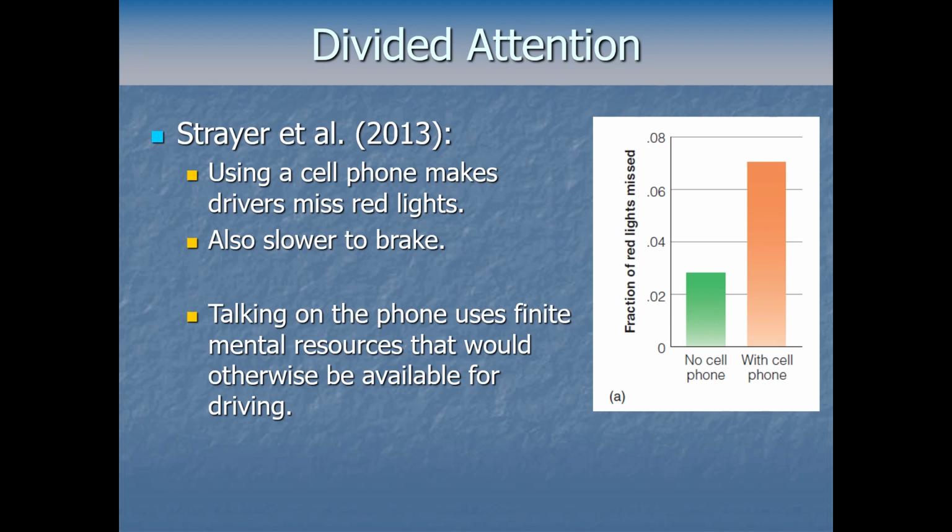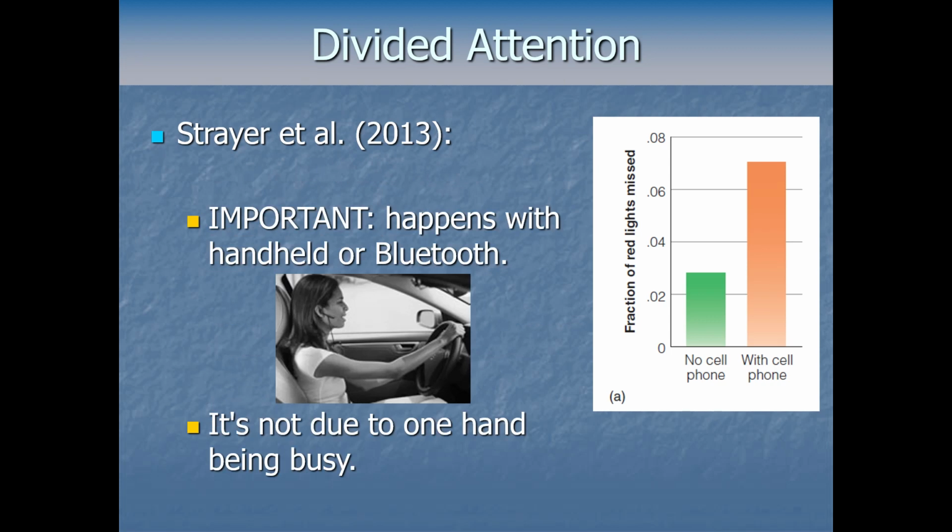That would save lives, right? And that's a great point, except that this happens just as much whether the driver is holding the phone or using hands-free Bluetooth. So it's not just due to one hand being busy. And honestly, this should scare you a little and make you question legislation like requiring drivers to use hands-free technology for their phone calls, since that doesn't actually fix the issue at all, at least for phone conversations.